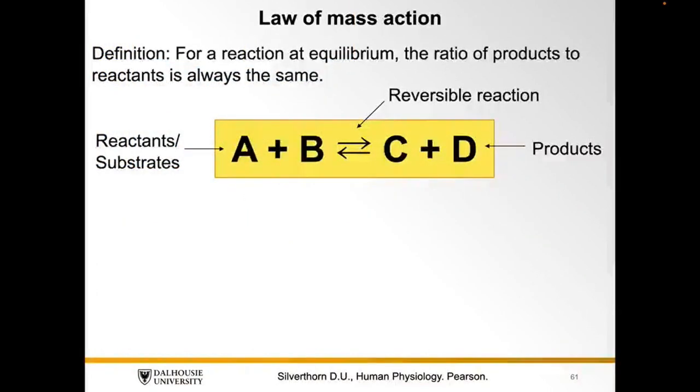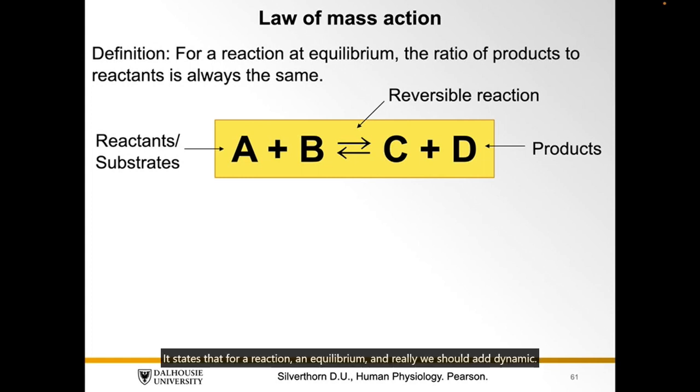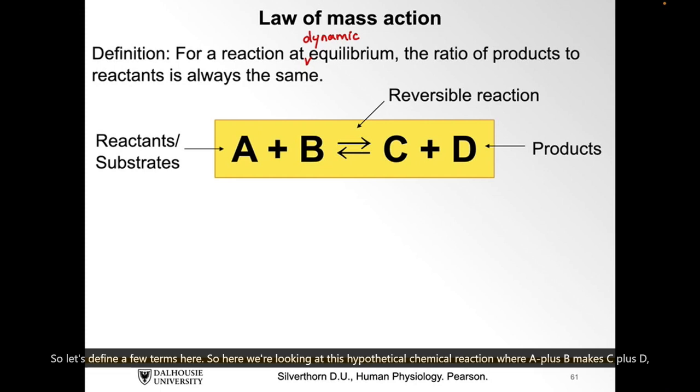So here's our definition of the law of mass action. It states that for a reaction at equilibrium, and really we should add dynamic equilibrium, the ratio of the products to reactants is always the same. So let's define a few terms here.